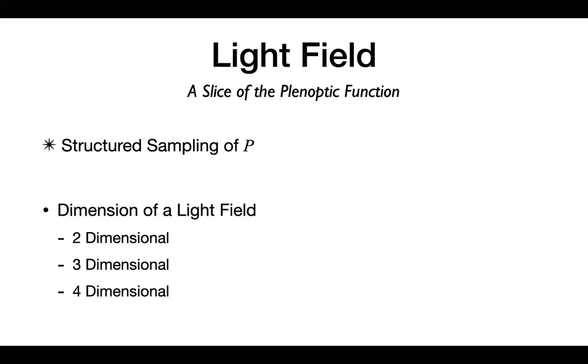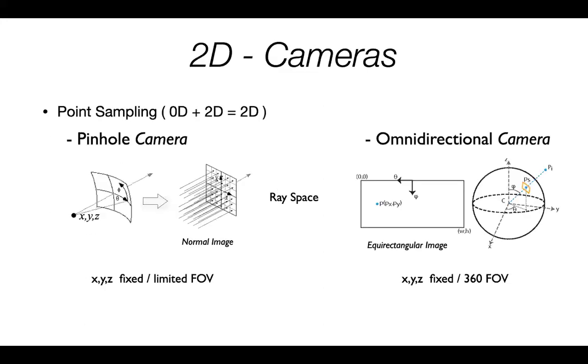For that, we need to understand the dimension of a light field. A light field could be two-dimensional, three-dimensional, or four-dimensional. We'll see how this relates to cameras, right? A 2D light field is what's captured by a simple camera or even a more sophisticated camera. We have discussed here the geometry of the pinhole camera.